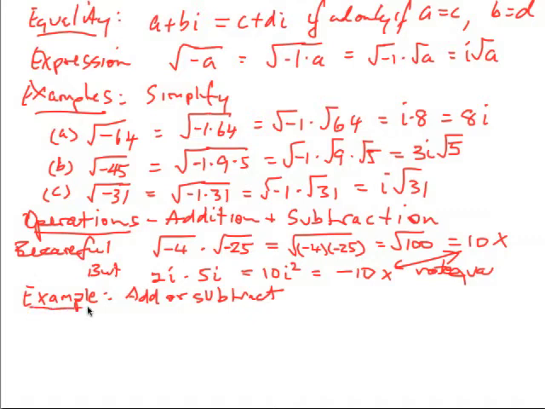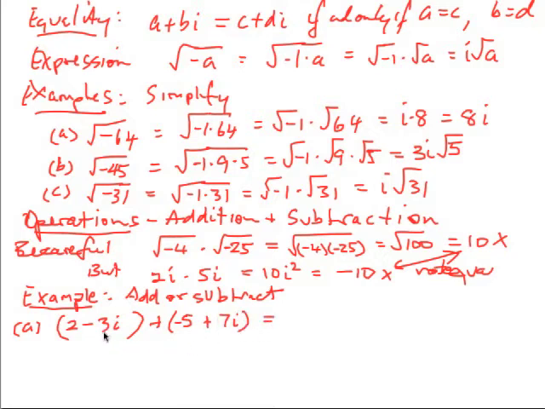Let's do part A. So let's suppose we have 2 minus 3i, and we want to add negative 5 plus 7i.